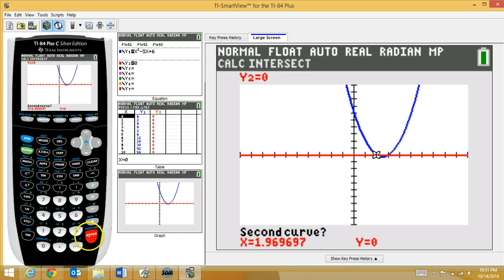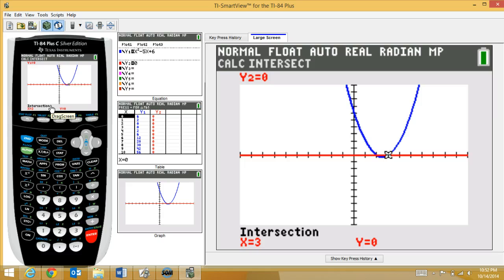And then it's going to ask me for a guess. For this guess, I'm going to scroll to the right so I'm closer to that other intersection. Notice how my cursor now is flashing closer to that second intersection. Then I'm going to hit enter. Now we find that the other intersection is 3, 0.